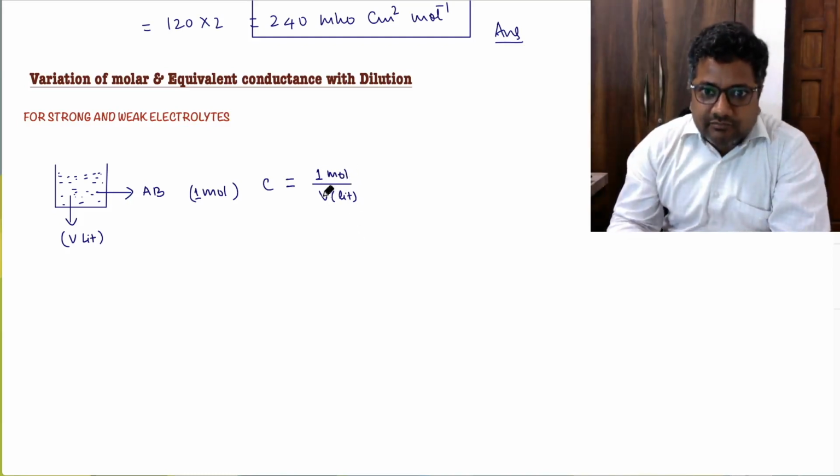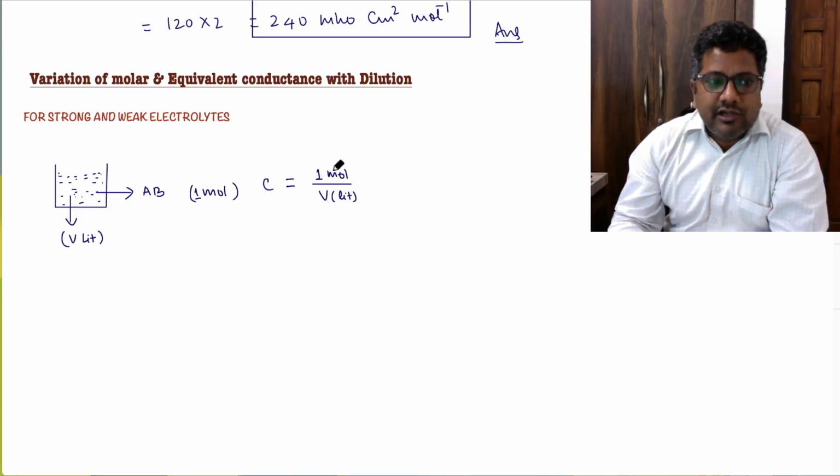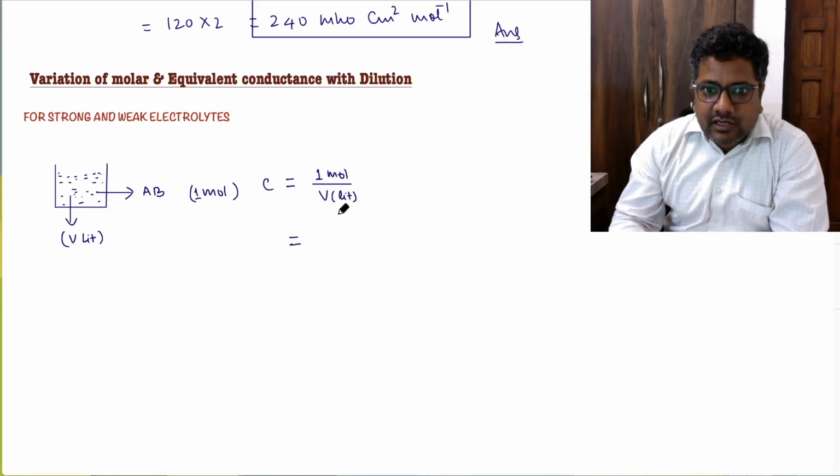When you have fixed the quantity of electrolyte at 1 mole and the volume is free, this term you can replace with dilution. So you can write 1 mole by dilution.